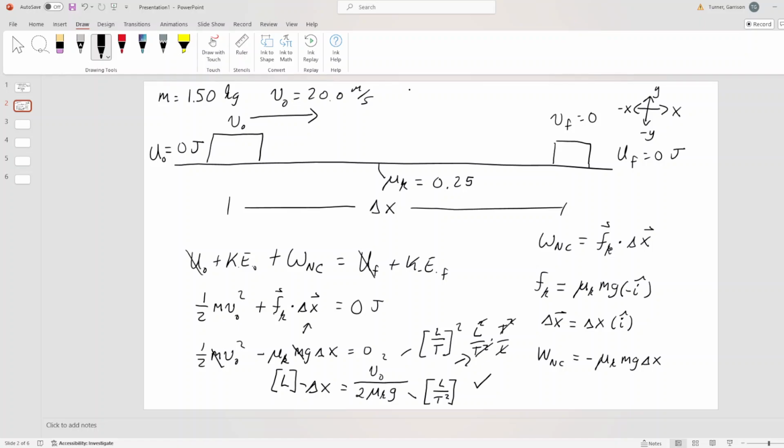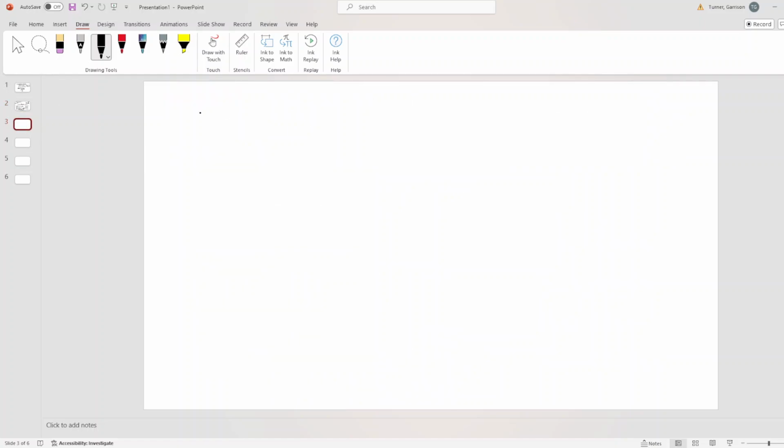The reason is when I apply Newton's second law to the block, let's do it on a new slide. This one's getting pretty busy. If I look at my block and draw the free body diagram, we have the weight down, and I'm assuming the same coordinate system as the previous slide. And we have the normal force, and in this case the friction force acting this way. In the vertical direction, the sum of all my forces in the y direction is Fn minus mg.